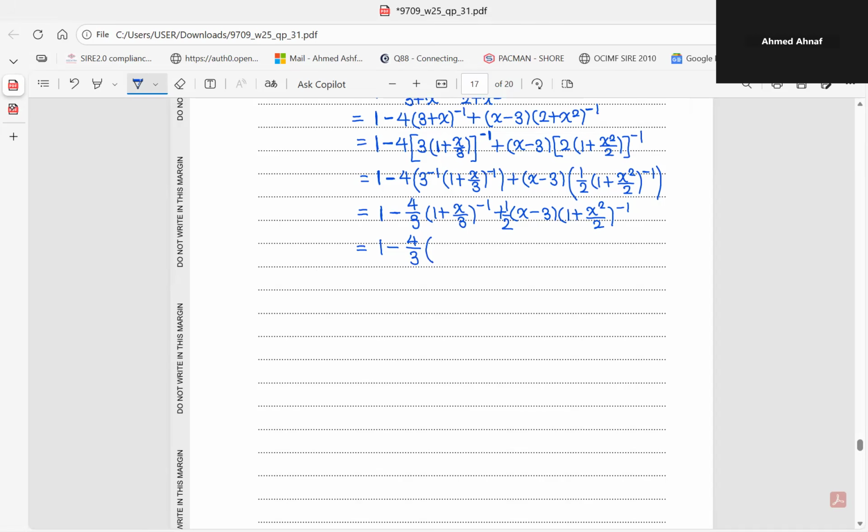So 1 plus nx, where n is the power, so minus 1 times x over 3, plus n times n minus 1, so minus 1 times minus 2, over 2 factorial times (x over 3) squared, and so on.